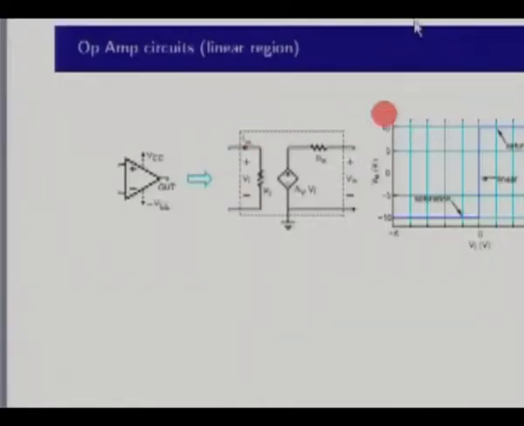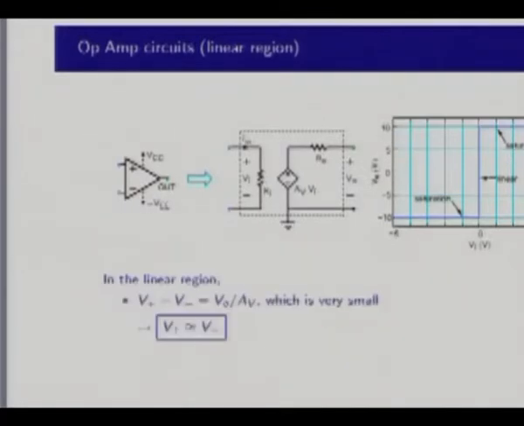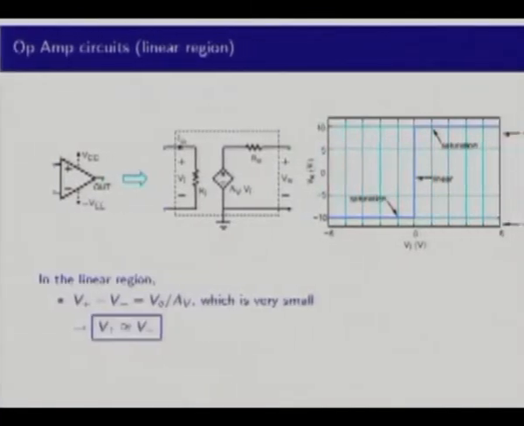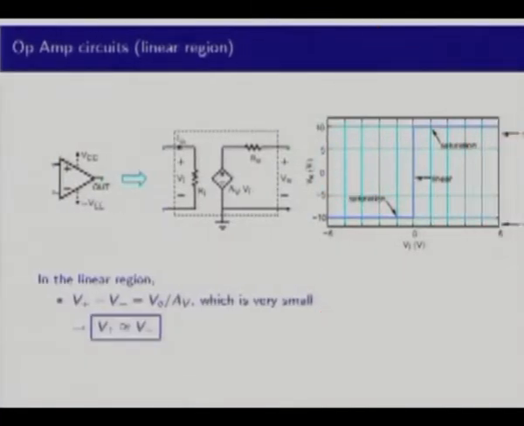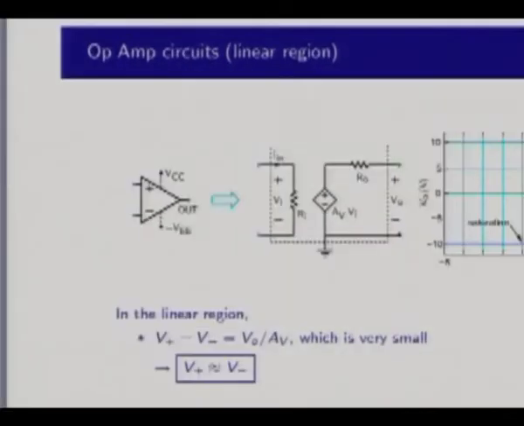Okay. So what is the implication of the linear region? Let's look at that now. This is very, very important, and it's good to point it out right at the beginning of your op amp lectures.